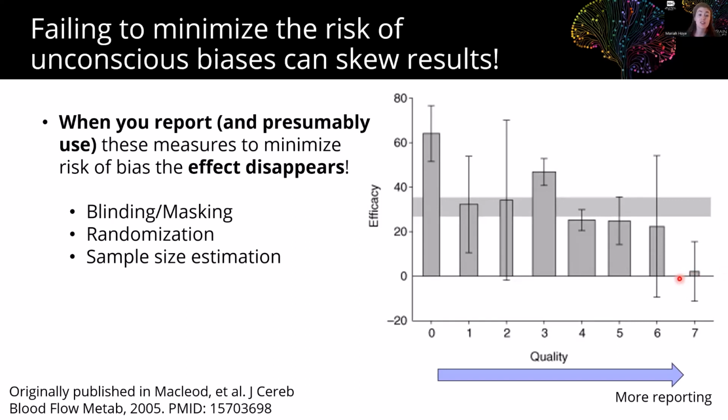So you can see that the studies with higher reporting quality actually found little to no effect, whereas the studies that didn't report these measures found a large effect of the drug.